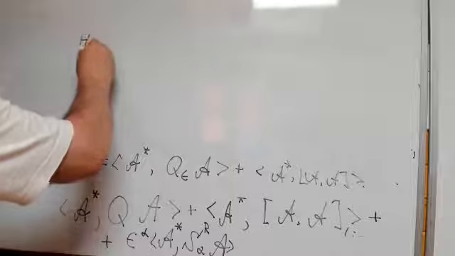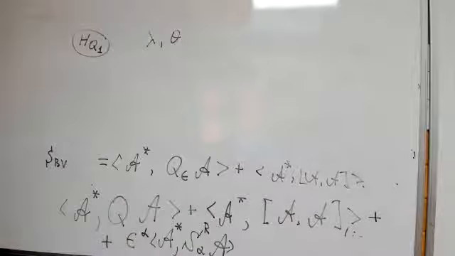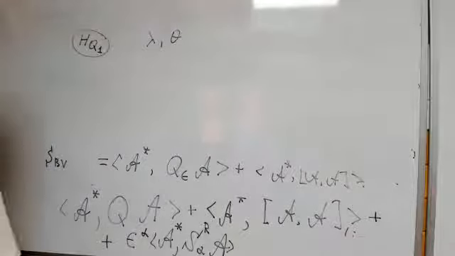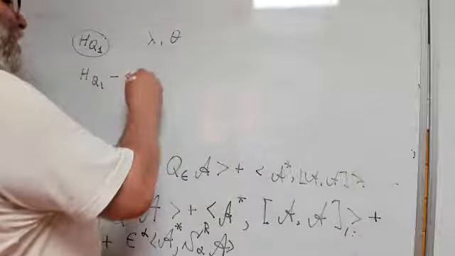I could go to cohomology of Q1. So cohomology of Q1 deals only with functions of lambda and theta. So cohomology of Q1, you may expect, would be some finite dimensional space. I'll call it the space of polarizations.